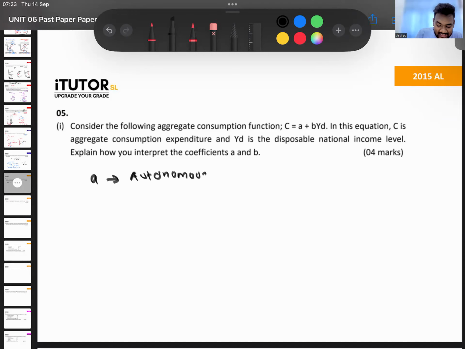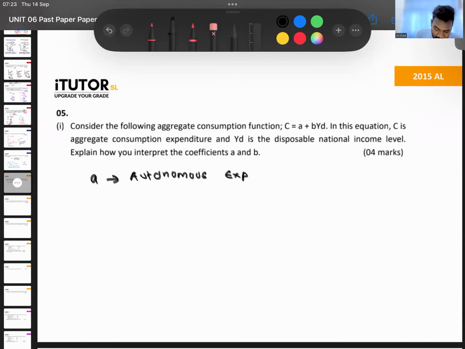What does that mean? Now you can't just say A is autonomous expenditure. You need to say this means the level of expenditure or the level of consumption that does not depend on whatever the income is. The consumption that does not depend on the level of income. That is what you call autonomous consumption. Whether your income is 100,000, 200,000, 500,000, your A component will not change.